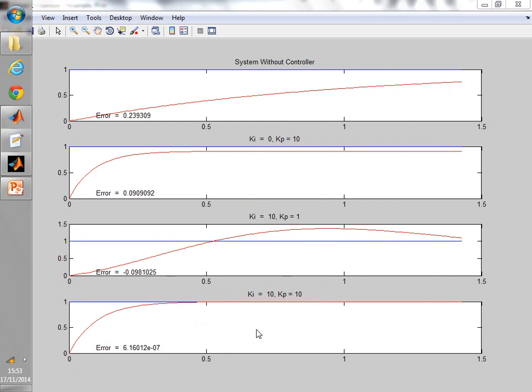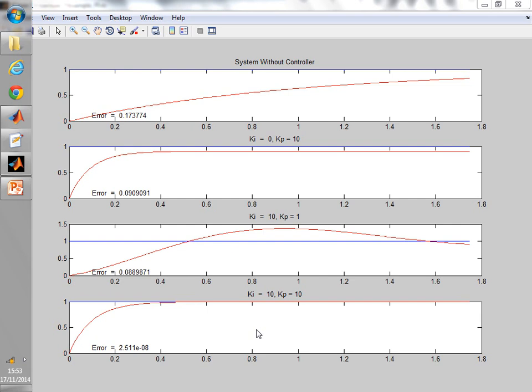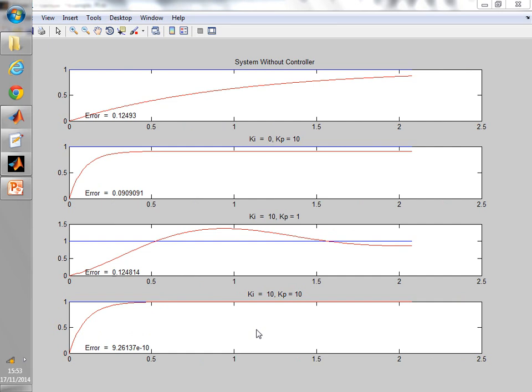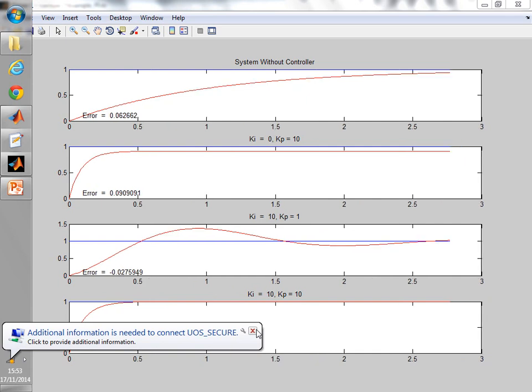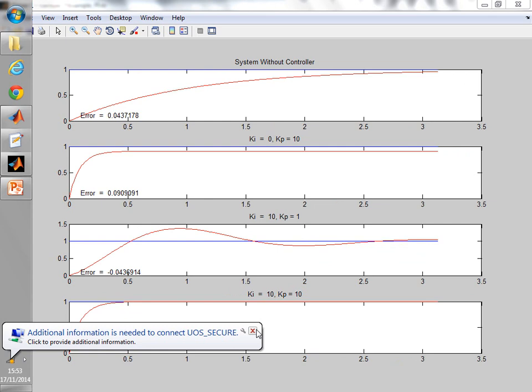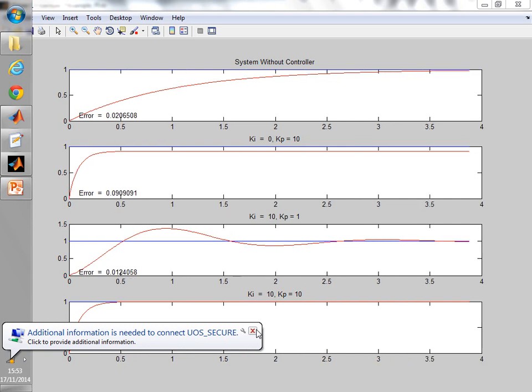Look, the first graph shows the response of the non-controlled system, which means I have K over tau s plus 1, with y as the output and r as the step input.